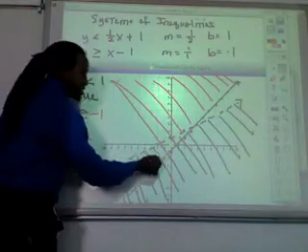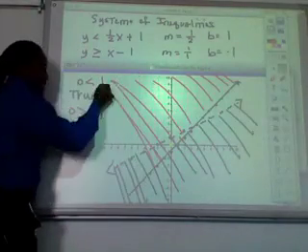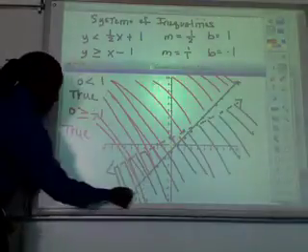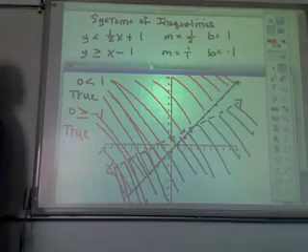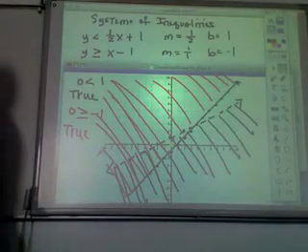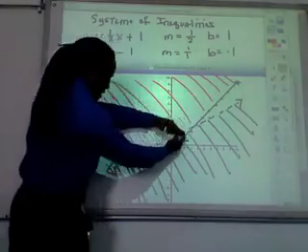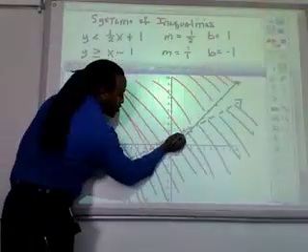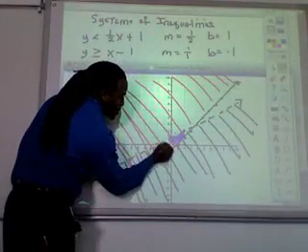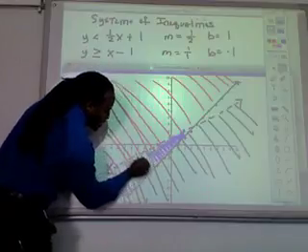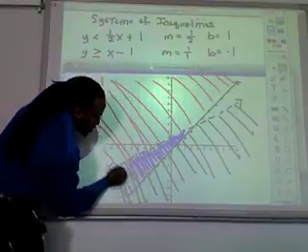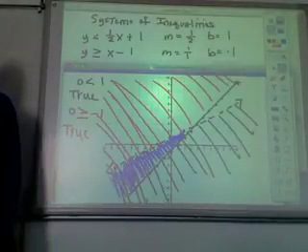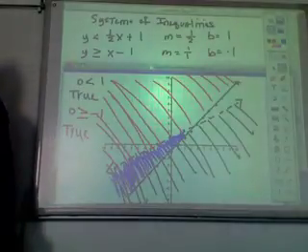Now I look for the intersection of where they shade in the same region. Do we see that area? Yes. Where do the shaded areas intersect? Right here in this slight middle piece. So this region is where both shaded regions intersect, and this will be my system of inequalities.